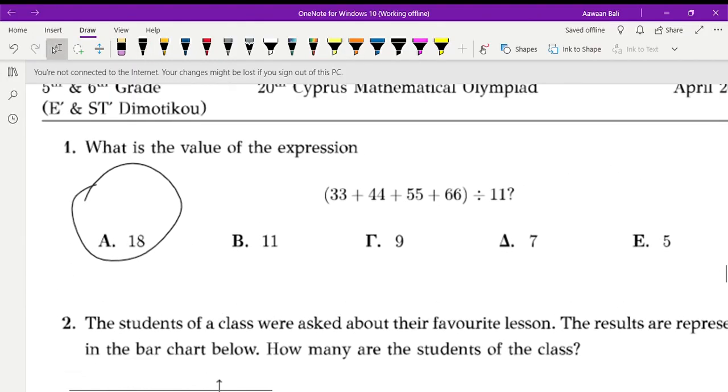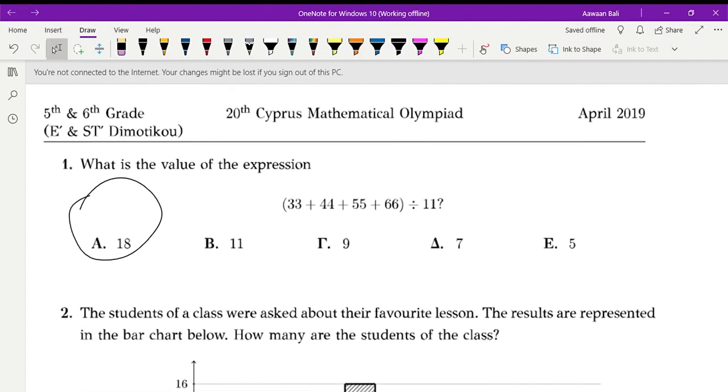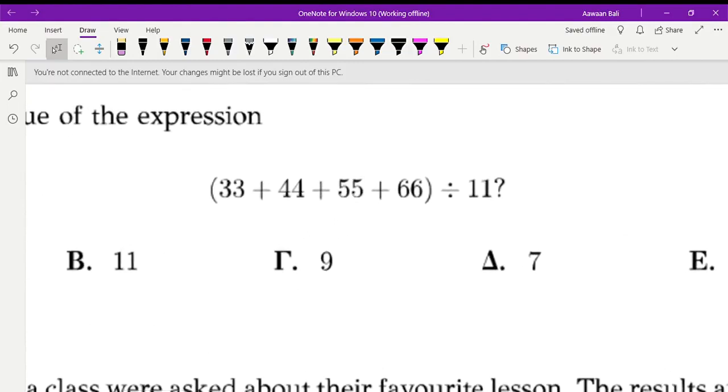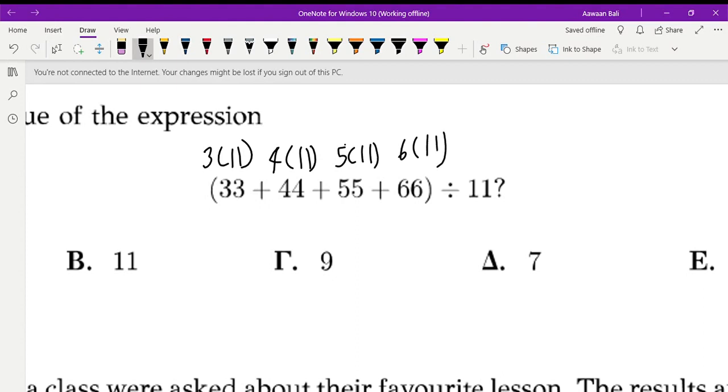So first, what is the value of the expression 33 plus 44 plus 55 plus 66 divided by 11? Now if you look at these numbers, 33 is 3 times 11, 44 is 4 times 11, 55 is 5 times 11, 66 is 6 times 11. And since we're dividing by 11, you can cancel with all of these.